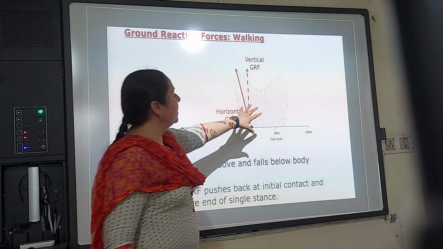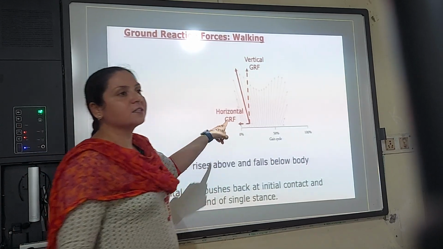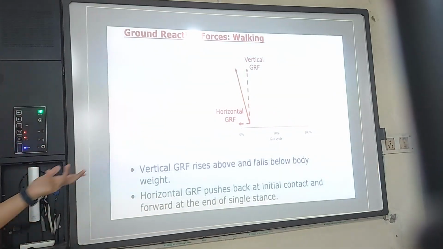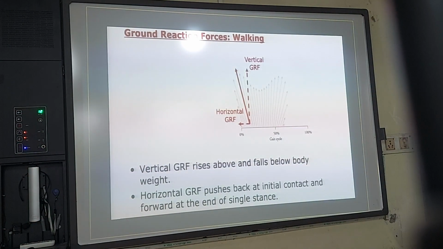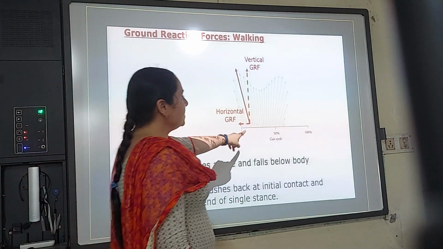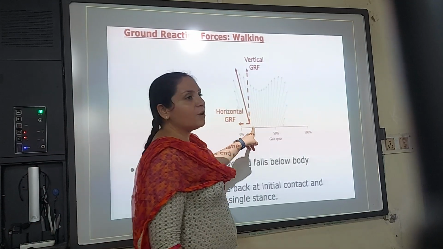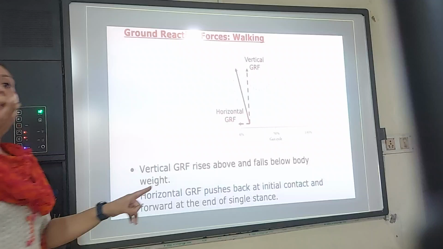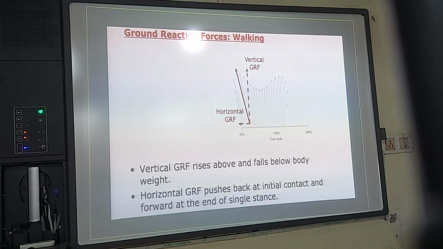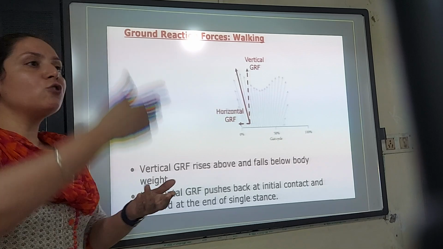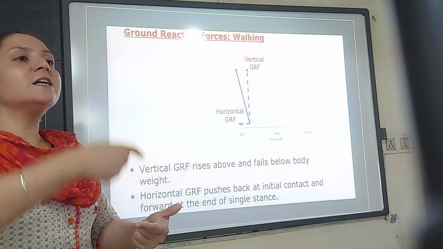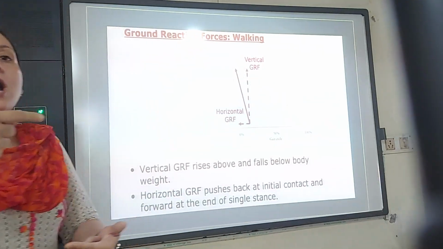Now what is this? In order to study this, we have divided it into two parts. Two components, you know, the force components, the vertical as well as the horizontal component. Now the vertical component is when this ground reaction force rises above our body weight, and it represents whether the height or the magnitude of the force is rising above our body weight or below our body weight.